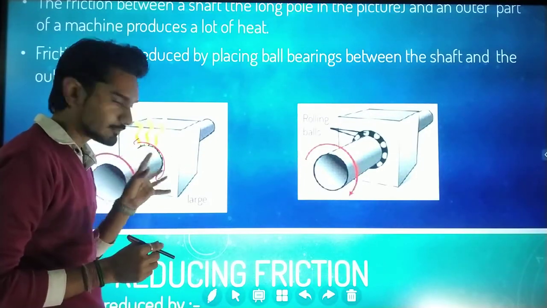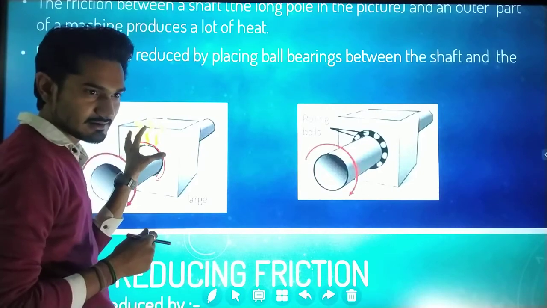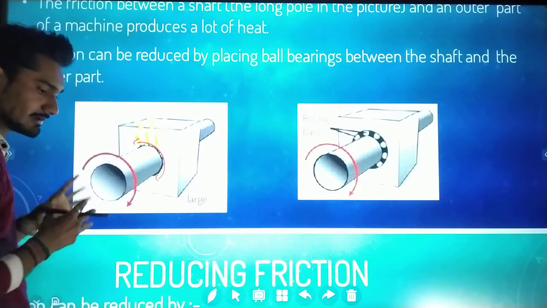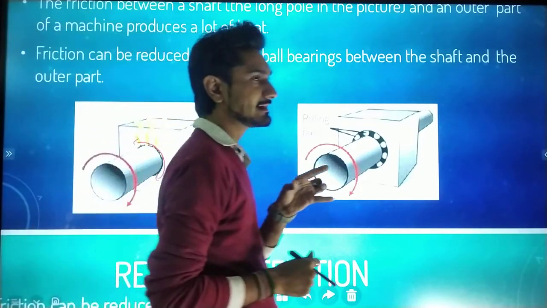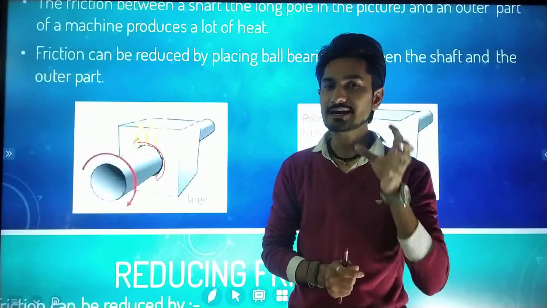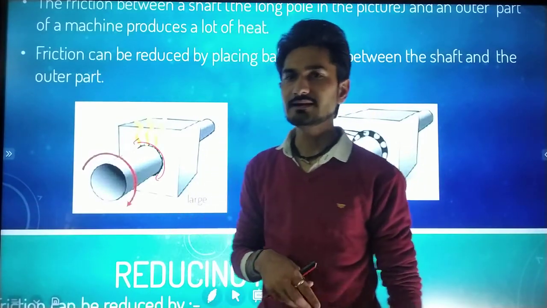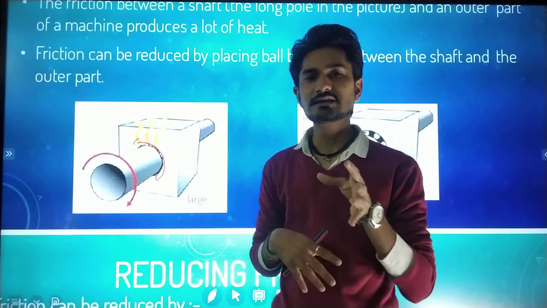Oil we can put in between them, grease we can put in between them, so it will automatically lessen the friction. Those things are basically lubricants.